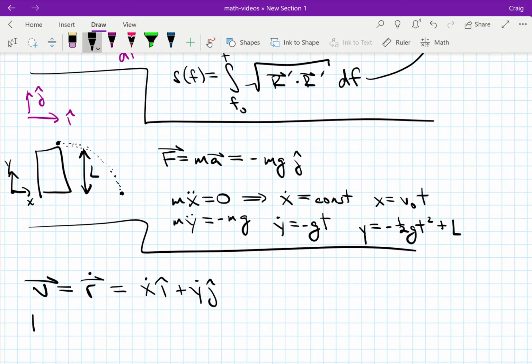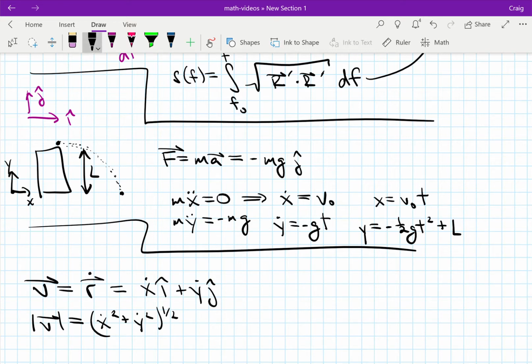So the magnitude of the velocity, which is the speed, that's just the square root of x dot squared plus y dot squared.